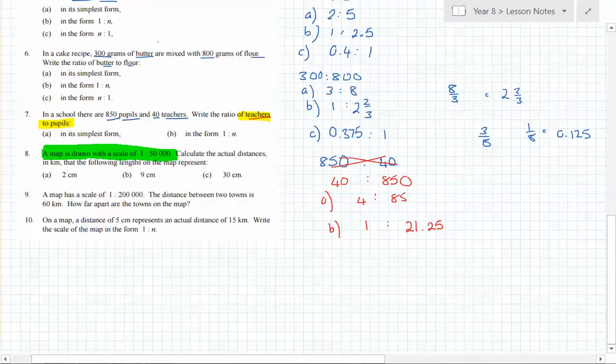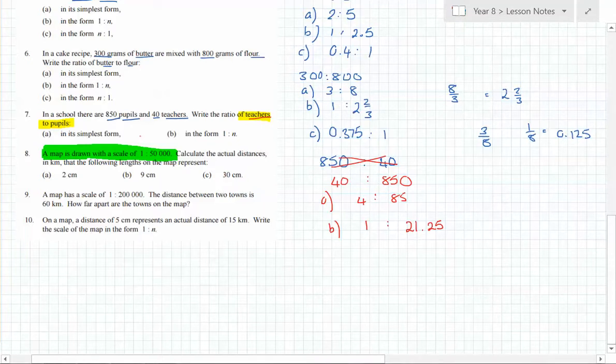If you've been asked in geography to write the scale of this map, you can't say 1 centimetre is 2,500 kilometres. You're not allowed to write that as the map scale. That's why it's always a really big number on a map scale, because it means one of whatever units you measure in on the map is 50,000 of those same units in real life.